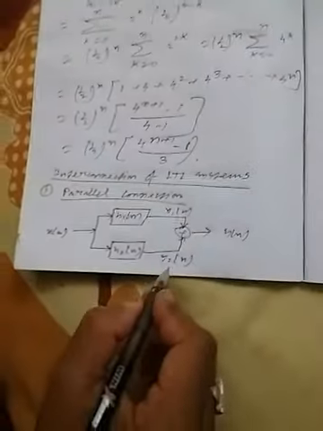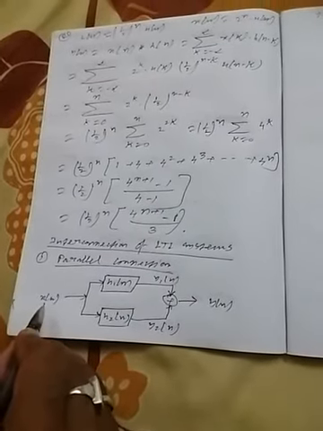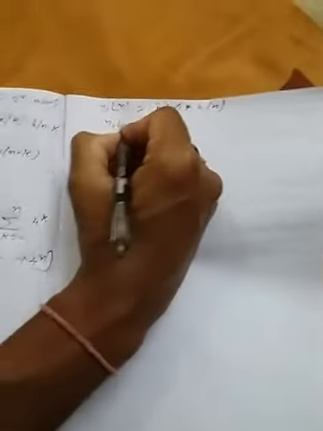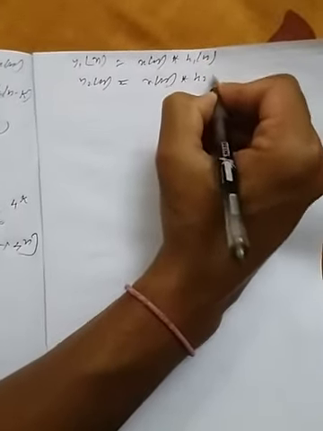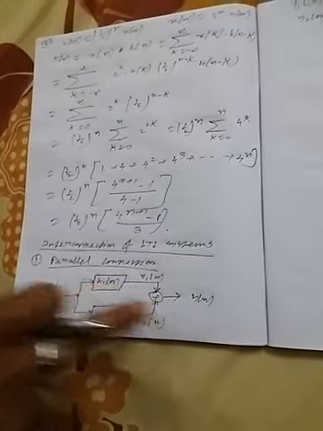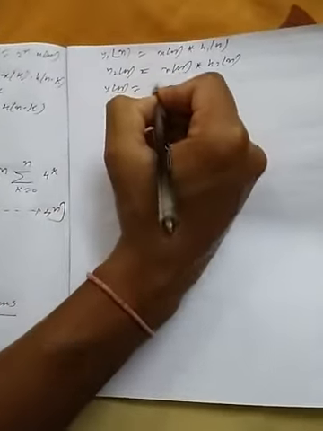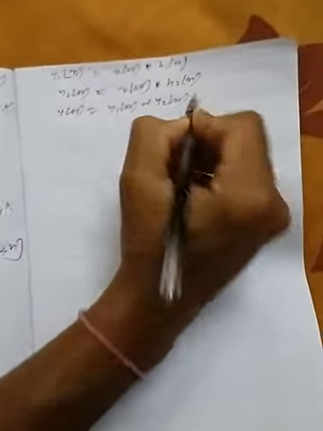Again from here we can see that y2n is equal to the convolution of xn and h2n, right? Now since here is a plus sign, yn is equal to y1n plus y2n. So the final output of this block yn is equal to y1n plus y2n.